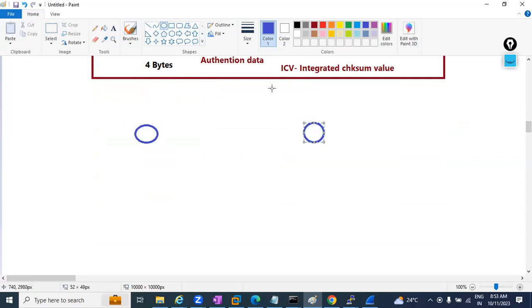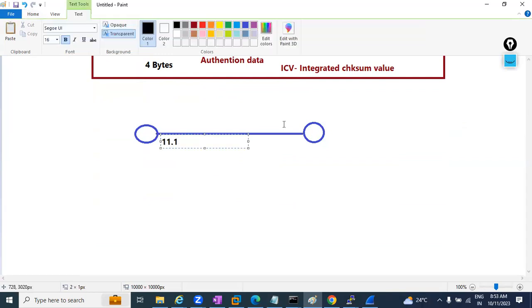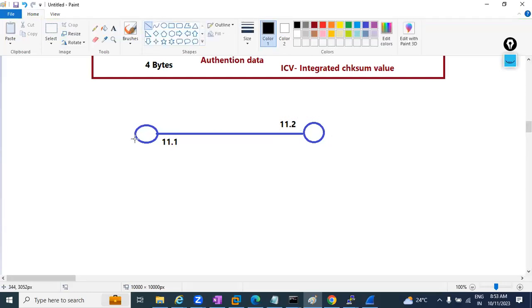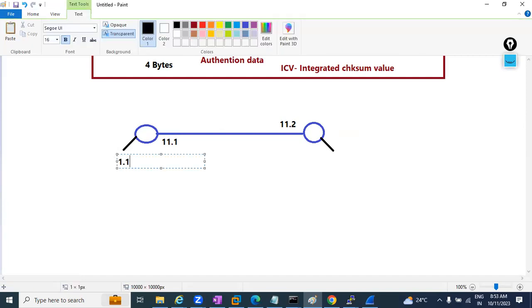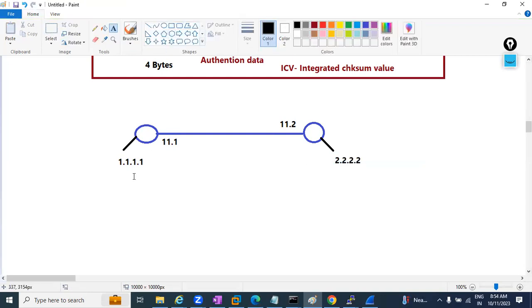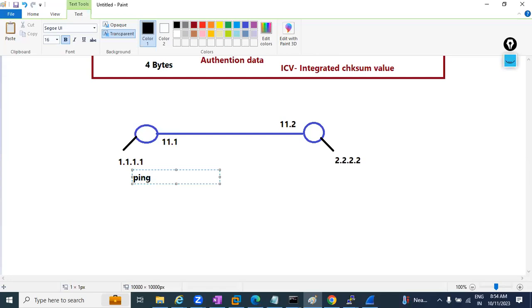Let's consider this is my 11.1 and this is 11.2. Here I'm using LAN A and LAN B, this is 1.1.1.1 and this would be 2.2.2.2. And let's consider I have pinged from 2.2.2.2 to the source server 1.1.1.1.